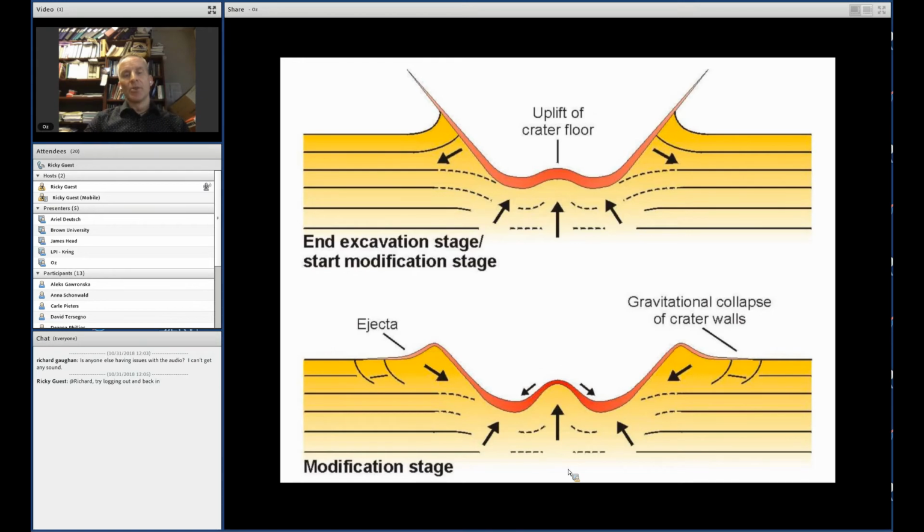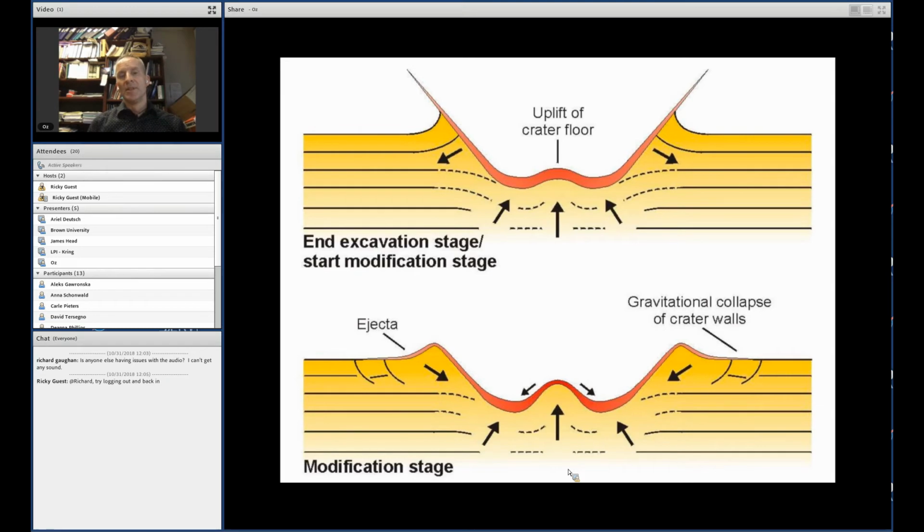And also shown on the bottom, and we'll get back to this later, crater modification results in massive movement. And you'll see this when we look at some images of actual craters. The topography that we're talking about can be many kilometers high. And of course, material in the transient cavity can be many hundreds of kilometers wide for these big impact basins.